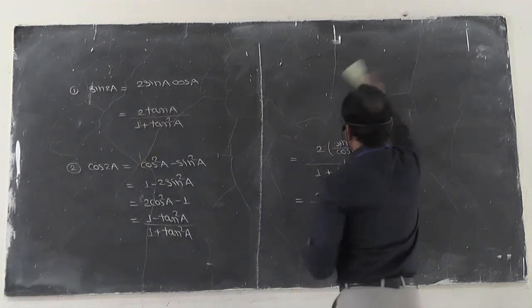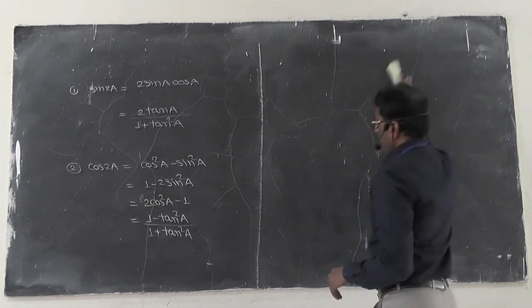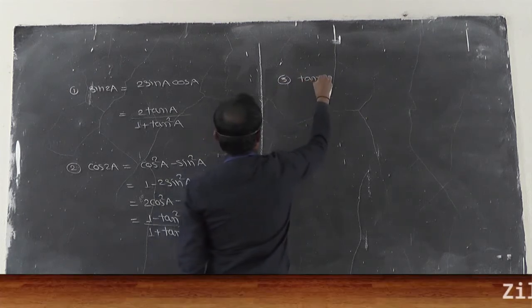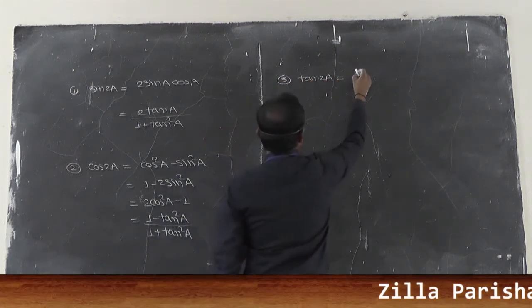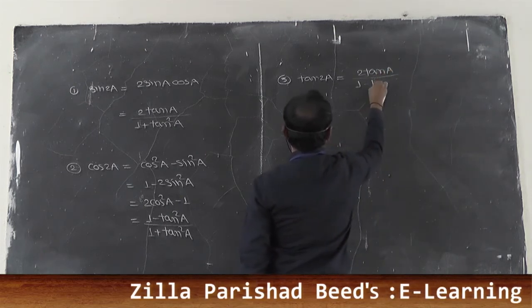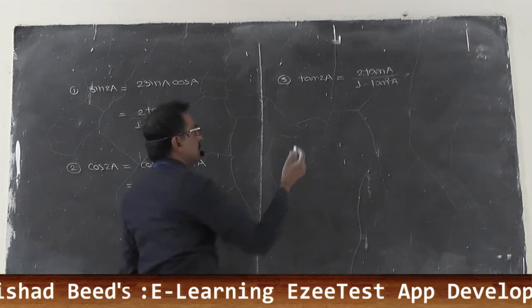And very last, it is tan 2a. For tan 2a we have written 2 tan a upon 1 minus tan square a.